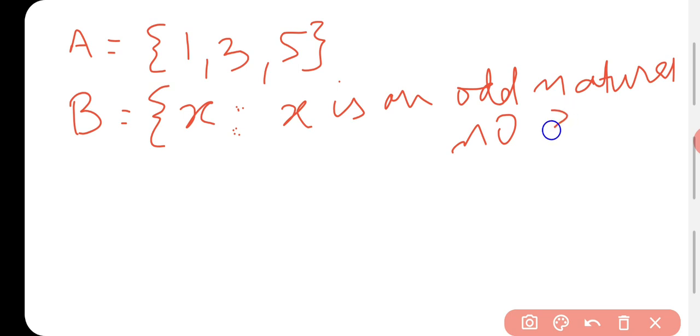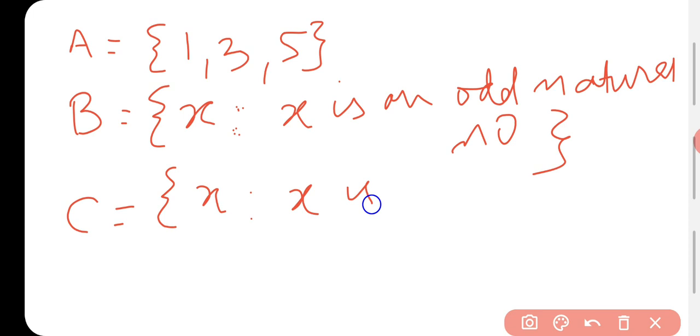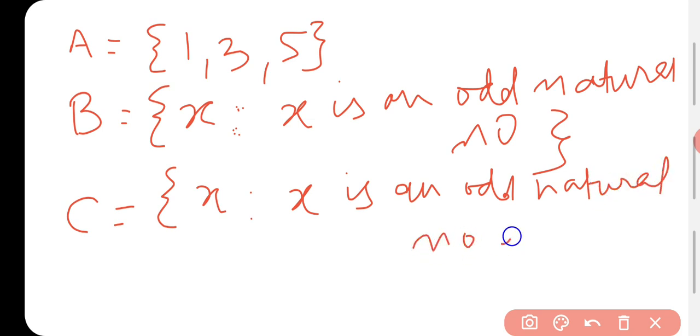And C is another set, also in set builder form: x, where x is an odd natural number less than 6.